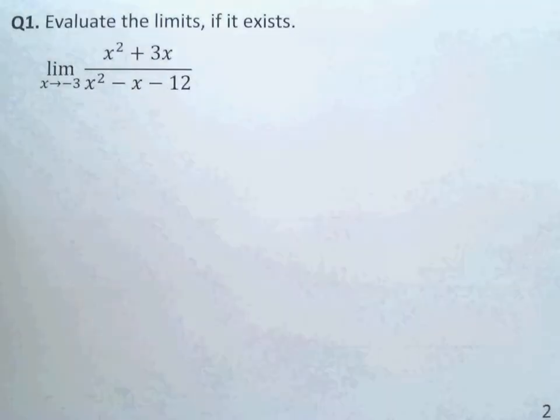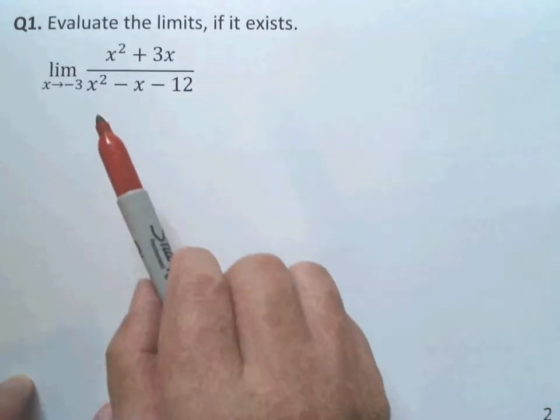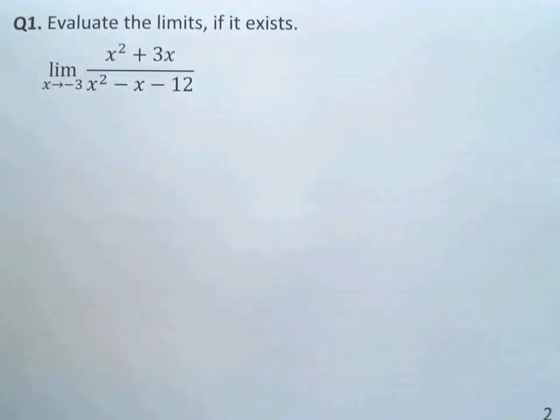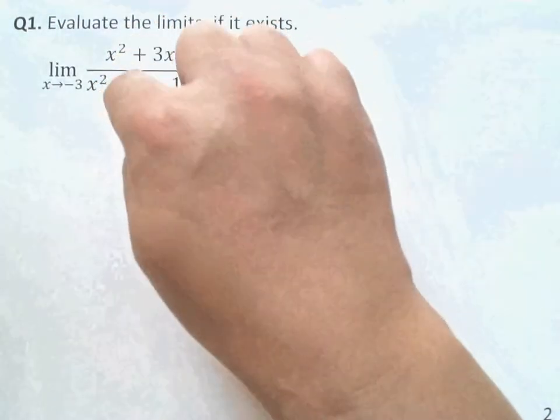This is one rational function, right? So how do you do it? The first thing we have to look at is whether this is indeterminate. All we need is the quotient law.